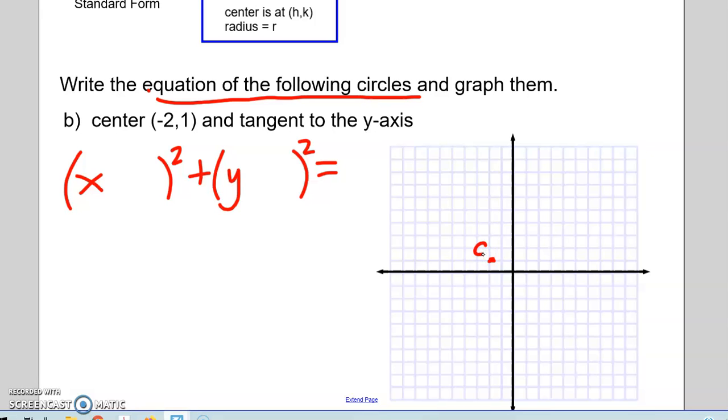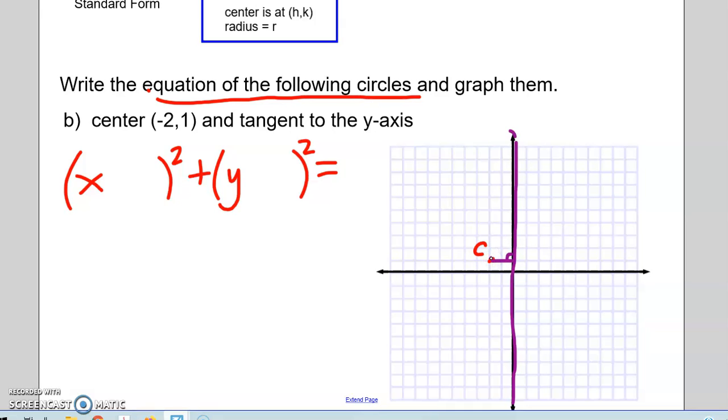Now we're told that it's tangent to the y-axis, so the y-axis is over here. And remember what I said about tangents, if a circle is tangent, I can draw a radius to the tangent, and that's going to form a perpendicular line to the tangent.